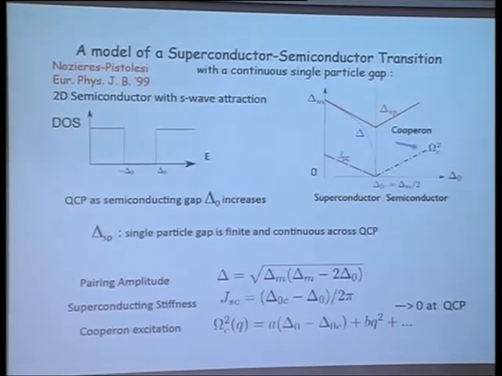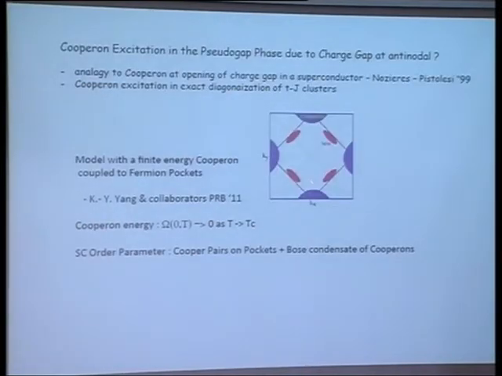So remembering that in the antinodal region, as we go through the quantum critical points separating overdoped and underdoped, the single particle gap in the antinodal region, of course, stays finite and continuous, doesn't go to 0 or anything like that. So that suggests that one should look for some kind of Cooperon excitation accompanying the opening of this insulating gap at antinodal.